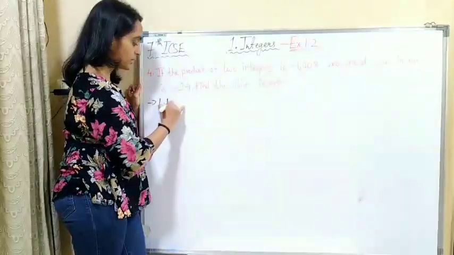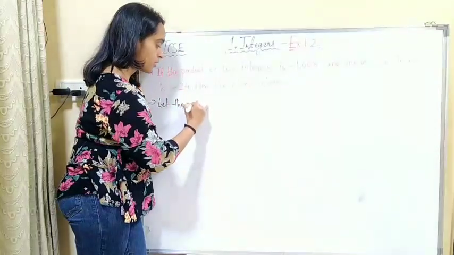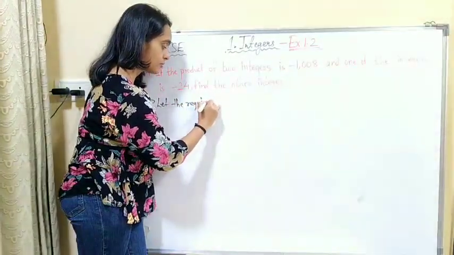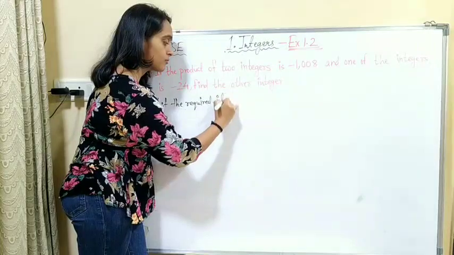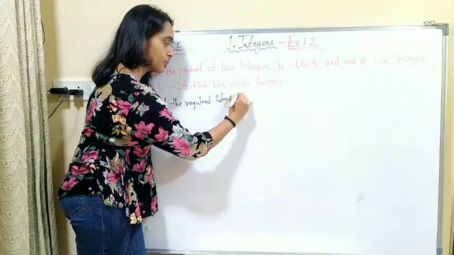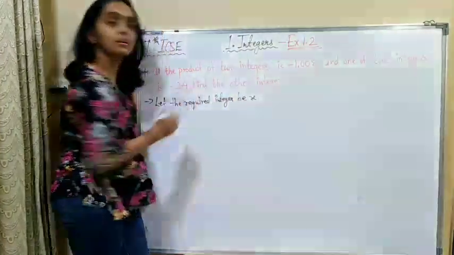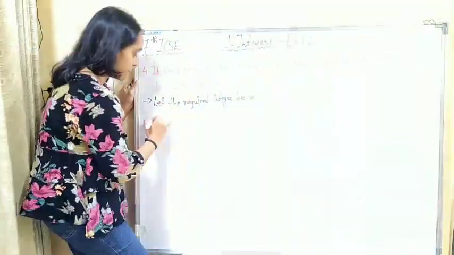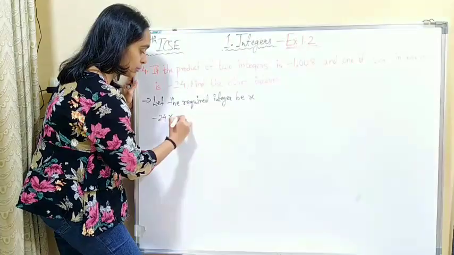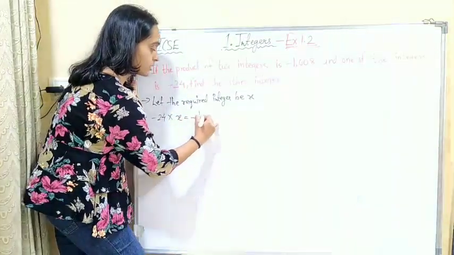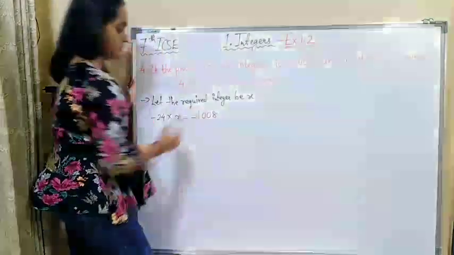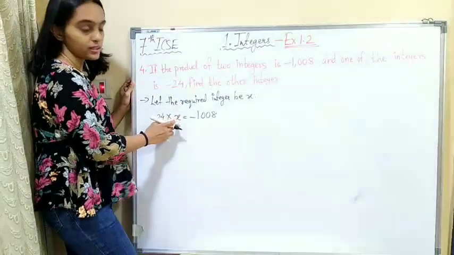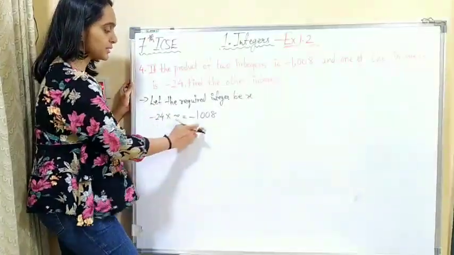So let the required integer be x. Okay, so according to the given condition we get minus 24 when multiplied by x gives you minus 1008.